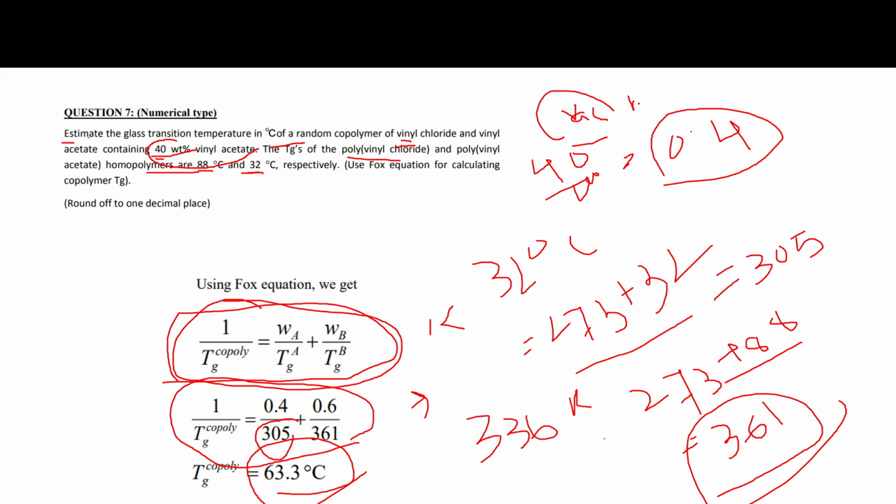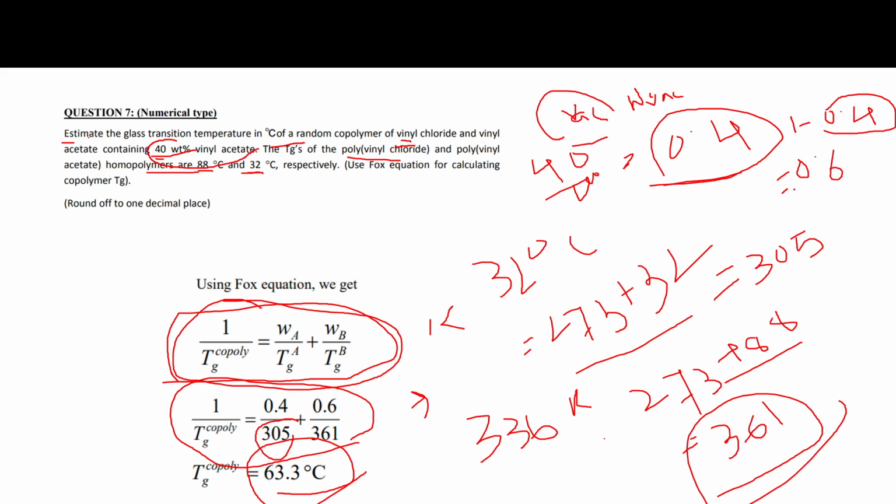If you write W of vinyl acetate, like VAC, the 48% means the weight fraction is 48 divided by 100, so it comes to 0.48. The total polymer is 1. When you talk about weight fraction, the overall weight is 1, and in between it, 0.4 is your vinyl acetate. The rest will be polyvinyl chloride, so that will be 1 minus 0.4, which is 0.6.